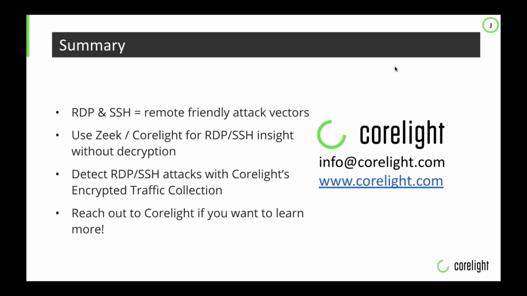They successfully authenticated. Here's the nature of connection, request and successful authentication. Here's the metadata detail associated with that. Here's a fingerprint for that, which, by the way, isn't on your whitelist. So this is an unknown connection coming into your environment and potentially needs to be dug into even deeper. Someone basically tried to potentially brute force their way in. That's the kind of thing you can find with Corelight's encrypted traffic collection.